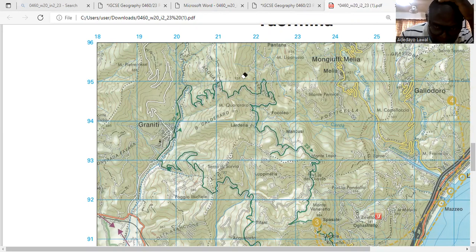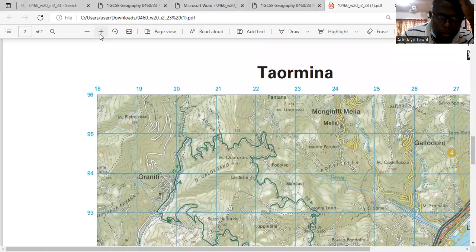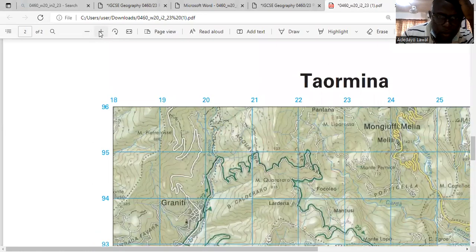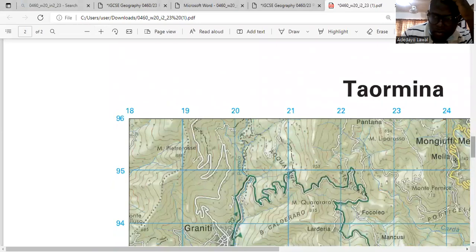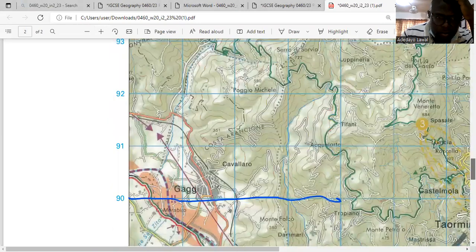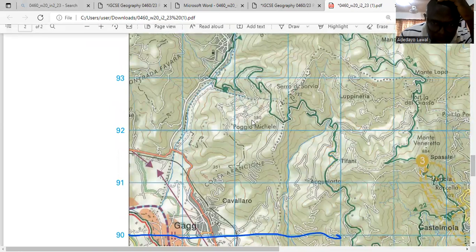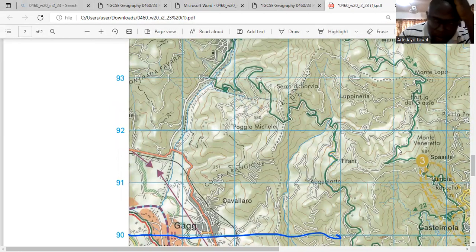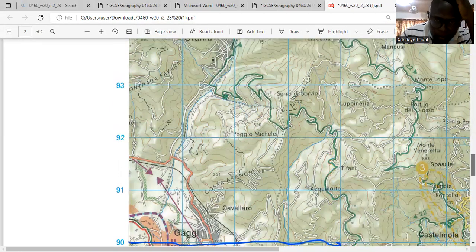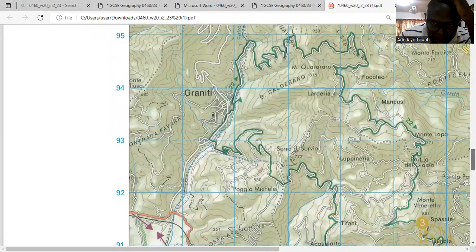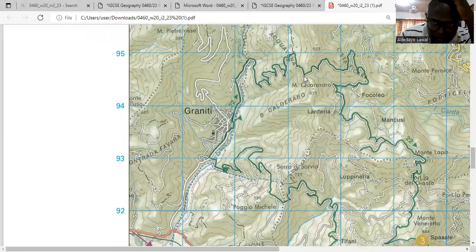I think the highest elevation here is about 953. Let me zoom it further. So I can see that it is very hilly. That's one mark for you. The spot height there is about 953. Just quote some spot height.